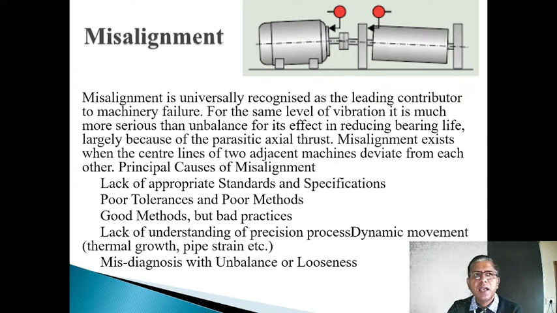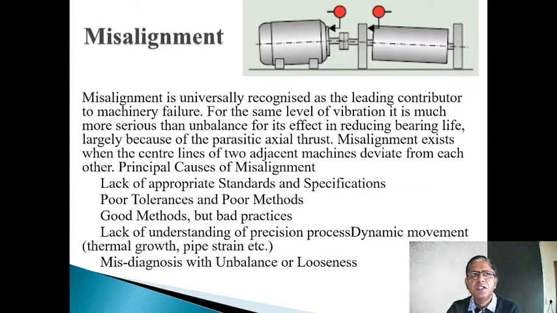Now there are different types of misalignments, like parallel misalignment or angular misalignment. Parallel misalignment generates a different type of frequency, and angular misalignment generally generates different types of frequency in different directions.